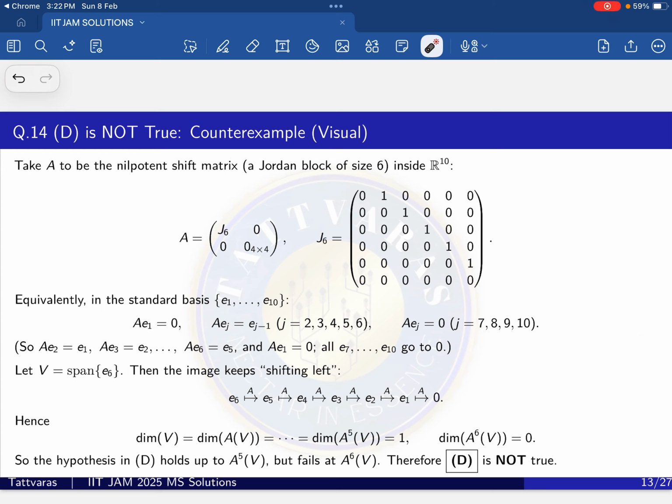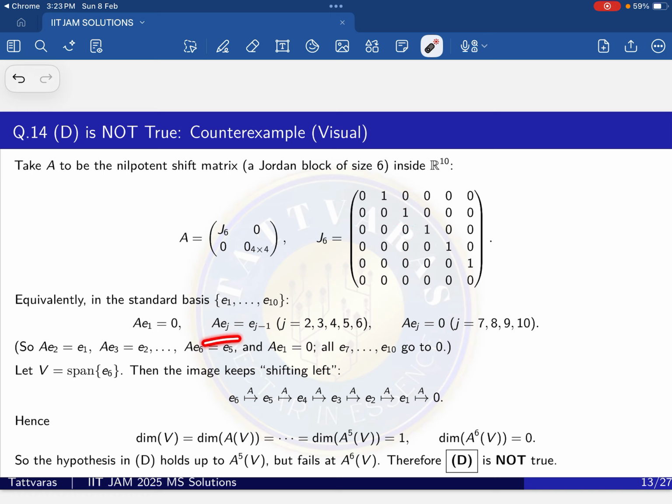But here there are many things going on. To be more specific, you can have A e1 equal to 0. That means the first column is 0. A ej is e(j-1), so the second column is e1, that is the first canonical basis vector. The third column is e2, because 1 is in the second position.